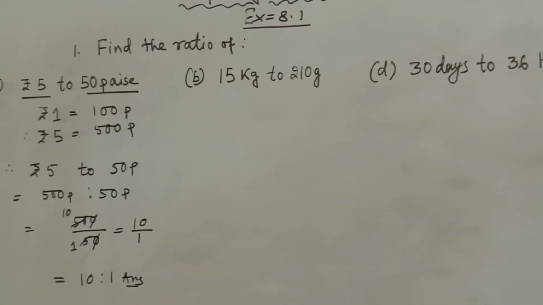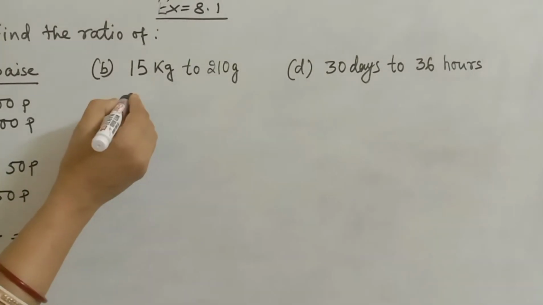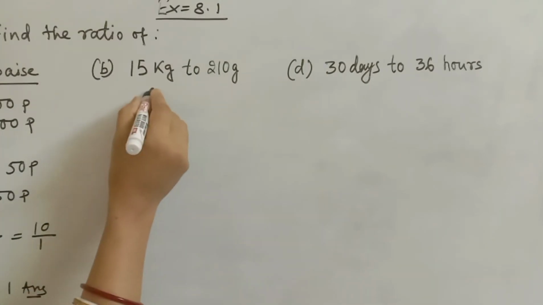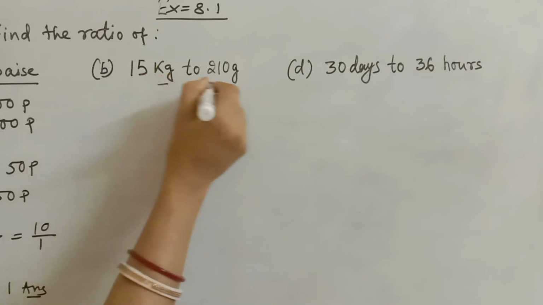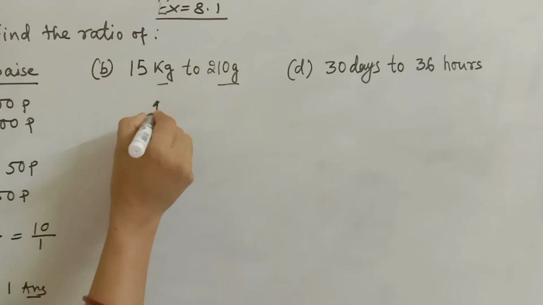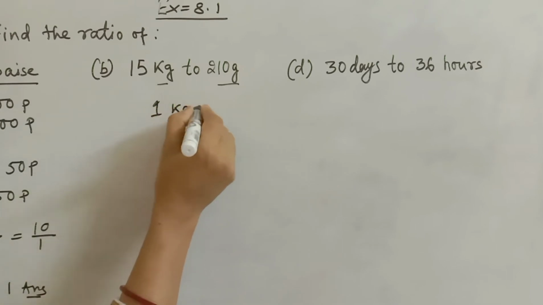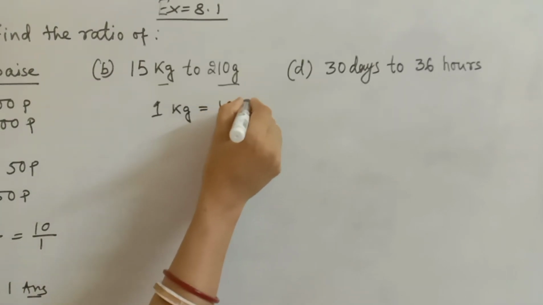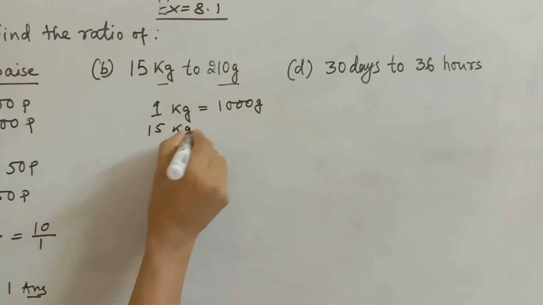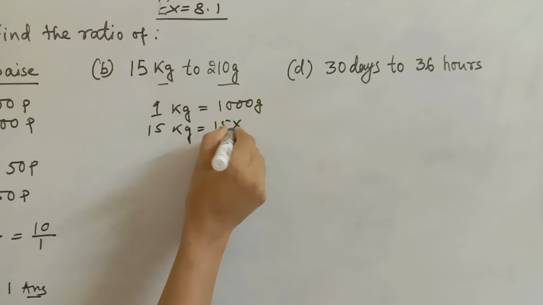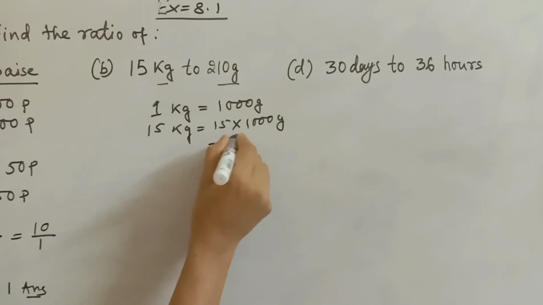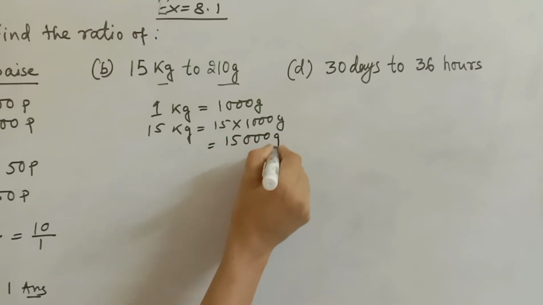Next question is 15 kg to 210 gram. Here also the units are not the same. You have to convert them into the same unit. You know that 1 kg is equal to 1000 gram. So 15 kg is equal to 15 into 1000 gram, that is 15,000 gram.